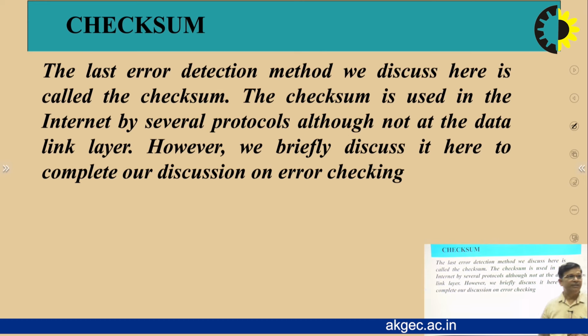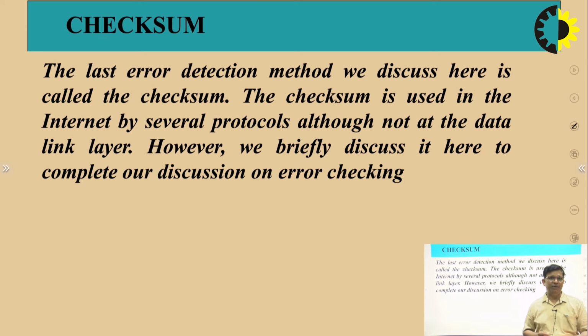Now checksum. Checksum is another method to detect or correct the error. This is the last method we will discuss here. The checksum is basically used with various protocols, like the internet protocol IP, TCP, ARP, RARP. Maximum times, in frame formats, we are using checksum.